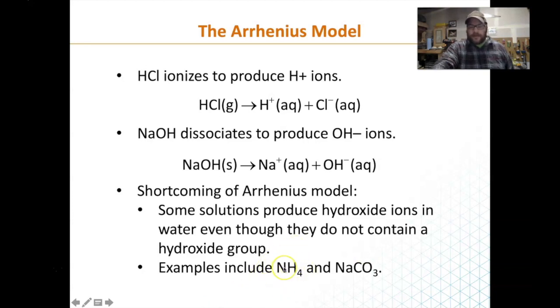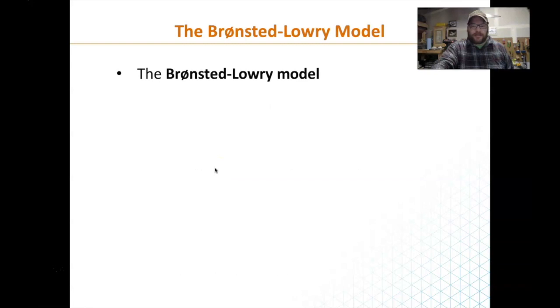Okay, ammonia will actually form hydroxide ions when it goes into solution because it steals, this should say NH3 by the way, I just noticed that. Basically NH3 will take a hydrogen from water, leaving behind a hydroxide ion. So there are some cases where we can produce a hydroxide ion without having the hydroxide ion present to begin with. So that's a problem with the Arrhenius model.